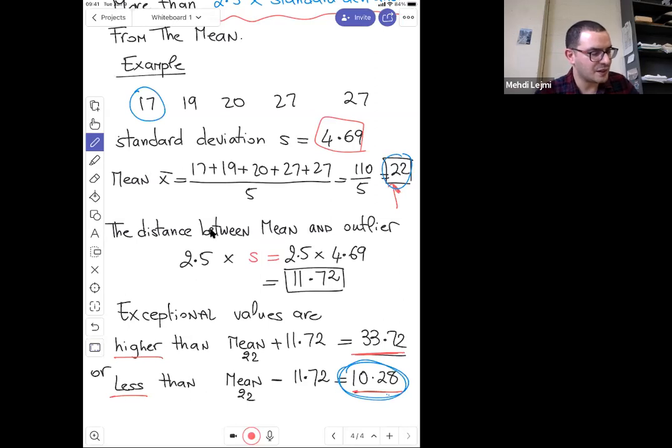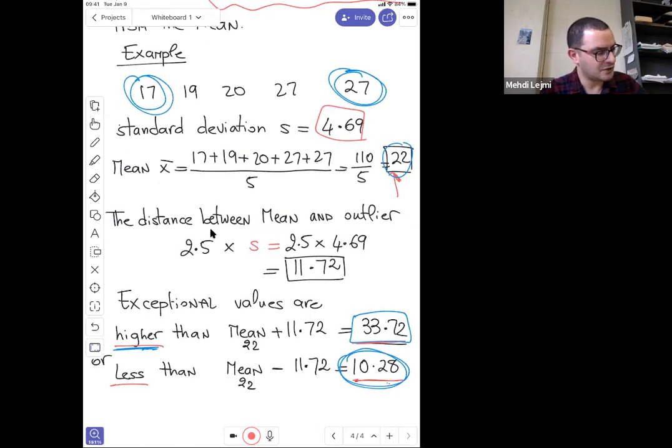And the largest number in my data values is 27, and 27 is not higher than 33.72. So in this example, we don't really have any exceptional values. We don't have any outliers.